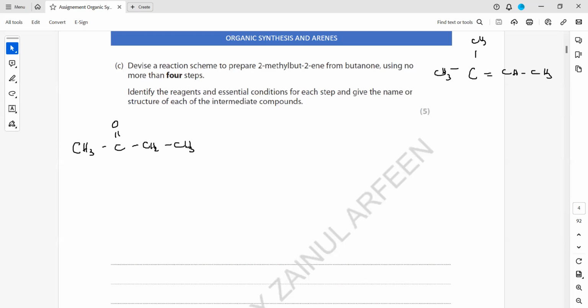As we have butanone, we use a suitable haloalkane, for example bromomethane or chloromethane.